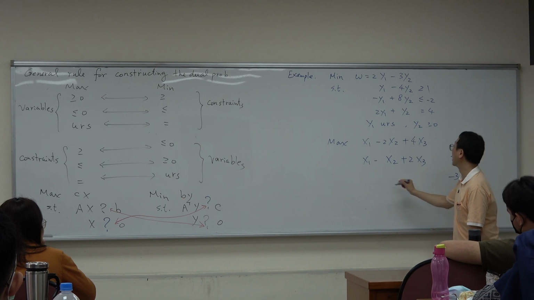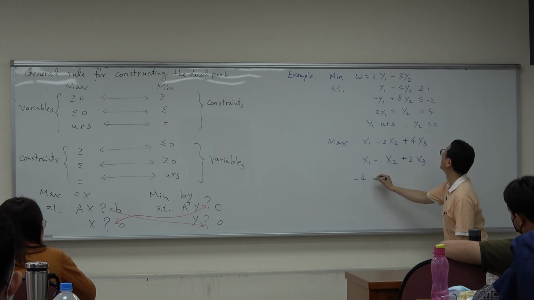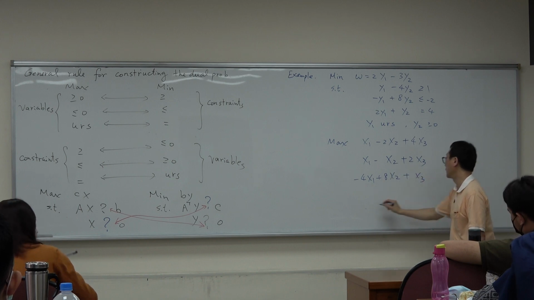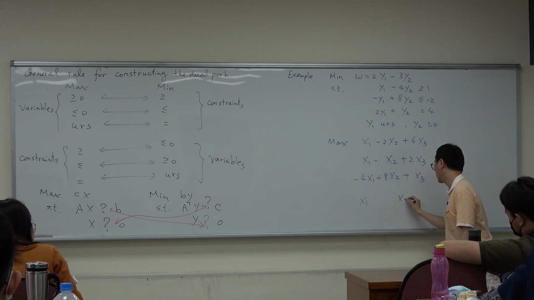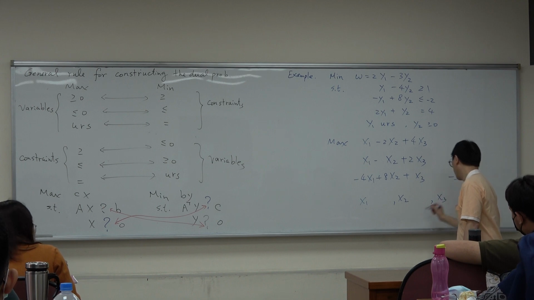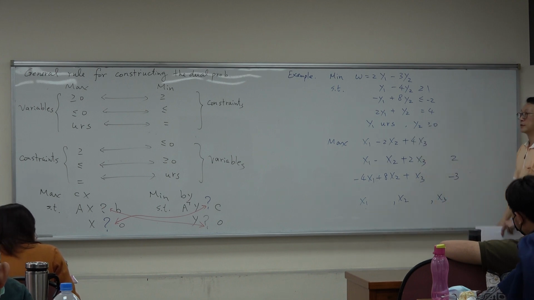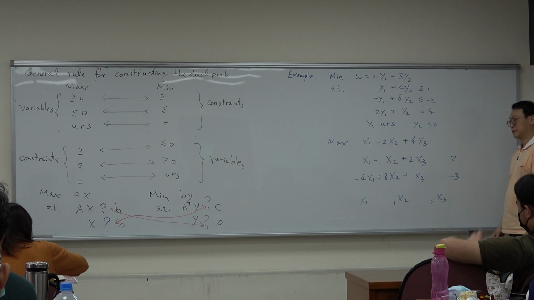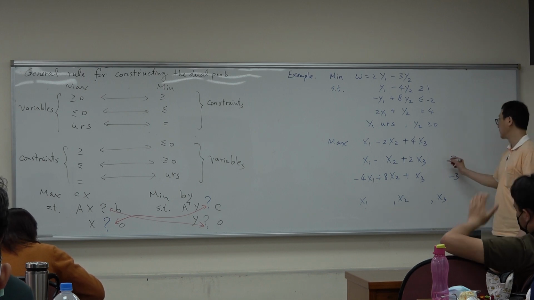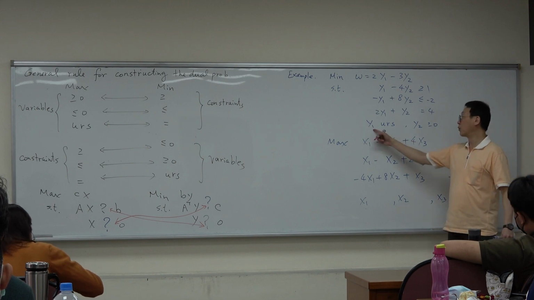Okay, so here we have x1, x2, and x3. We want to determine the signs later. So the first one is equal, because y1 is unrestricted.